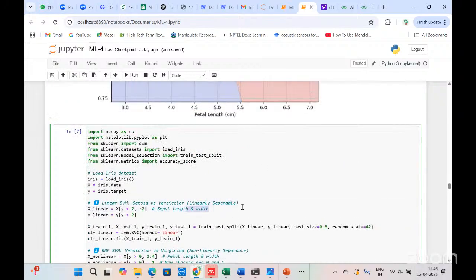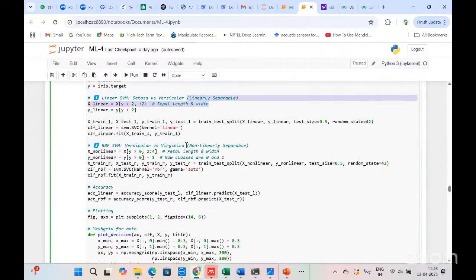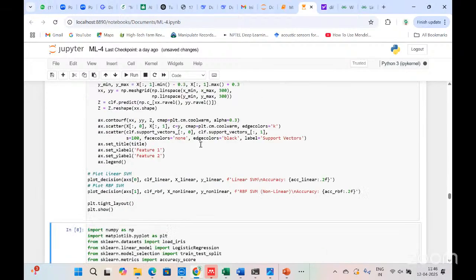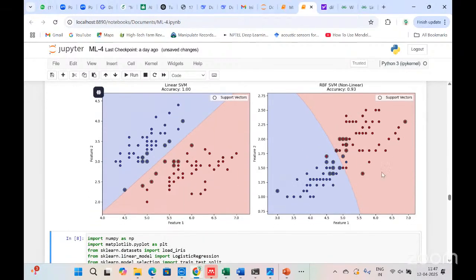So one is for linear separable. Another is for non-linear separable case. So do you observe? We are getting support vectors. Do we get the support vectors in that graph? Support vectors వచ్చాయా? రెండిటికి సేమ్ గ్రాఫ్ ఉందా? Do both graphs represent same?